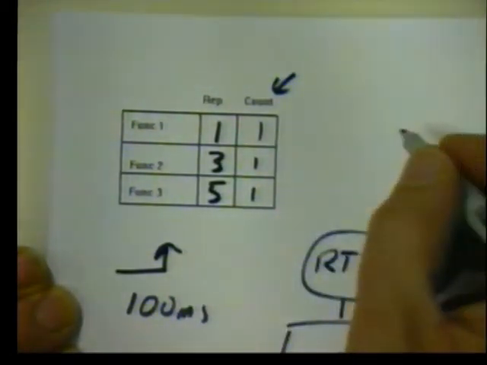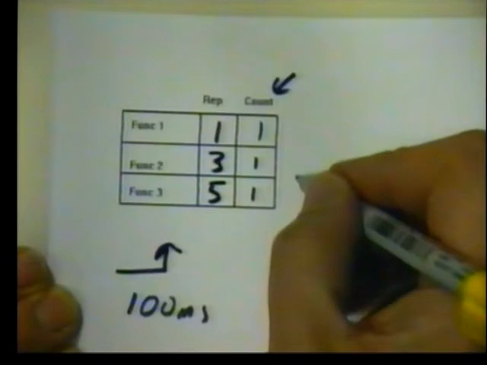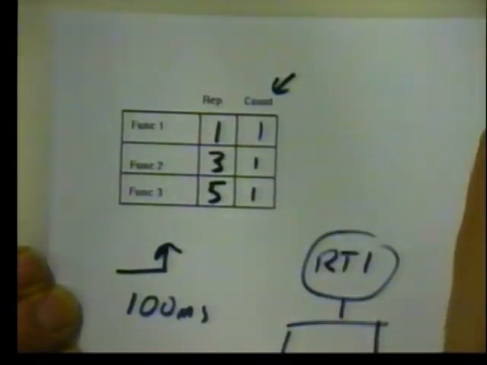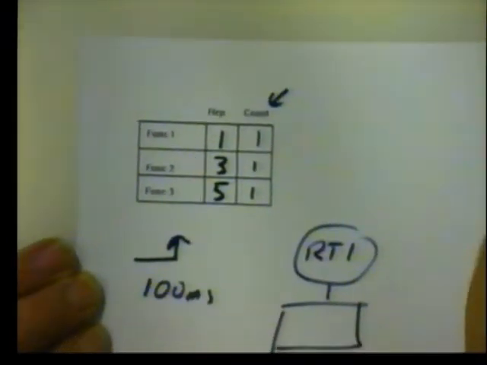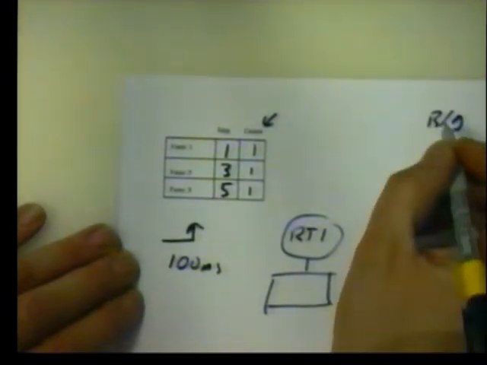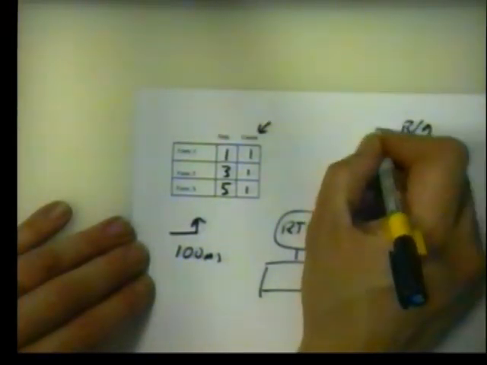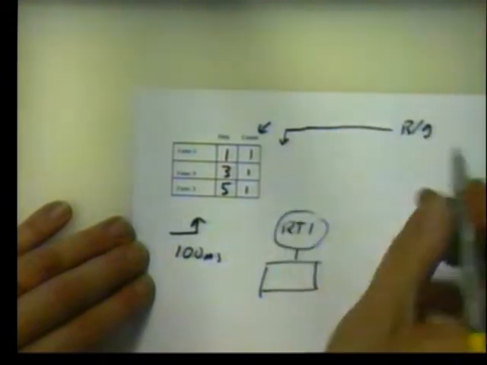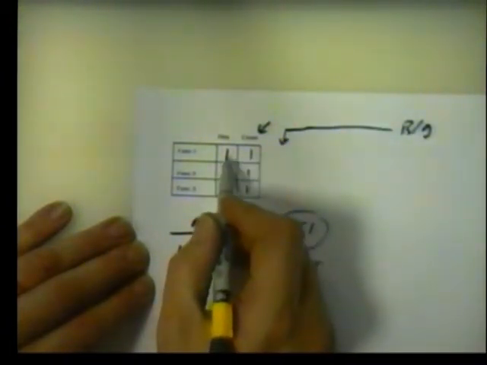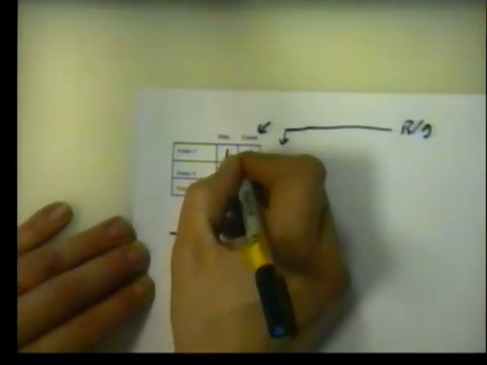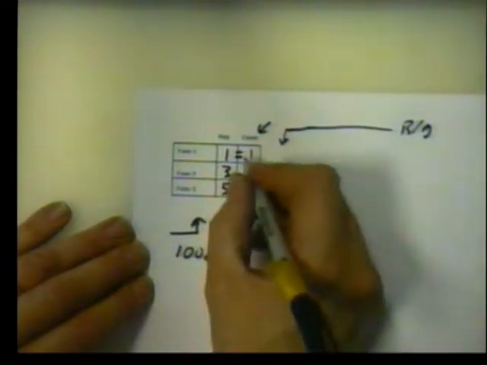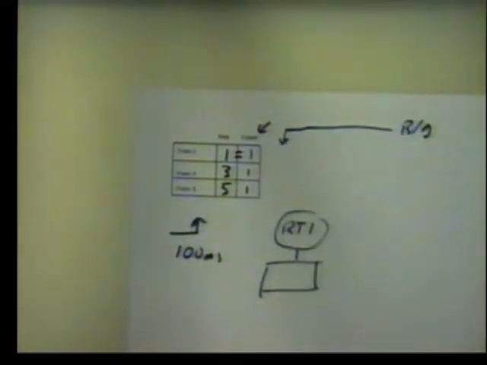Next time round, that would go to 2, that would go to 3. Now what was happening in the background routine is there was a scheduler, and that scheduler was looking to see whether the count matched the repetition rate. If it matched, then it would run the function.